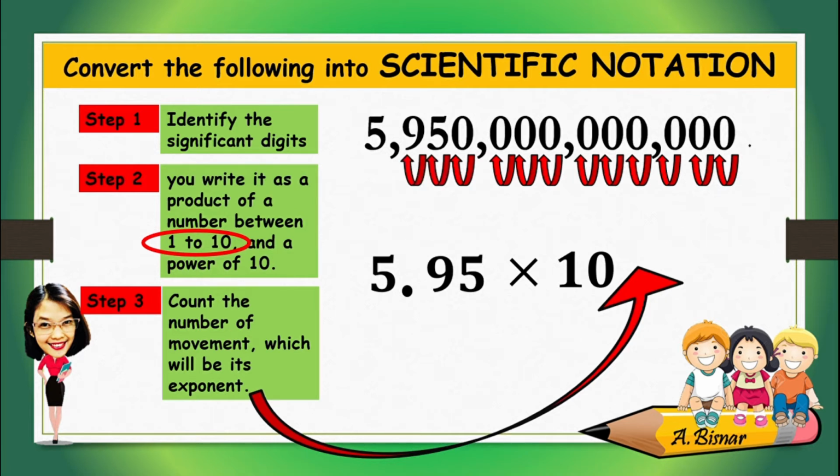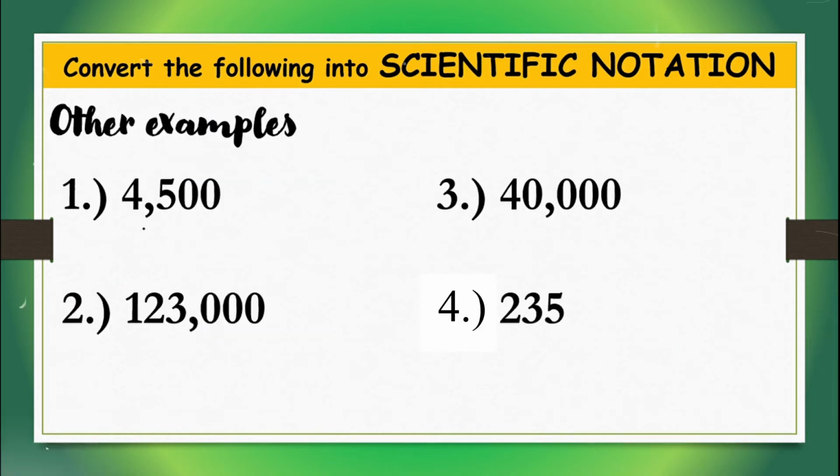Therefore, the exponent will be 12. So let us have other examples. For number 1, 4,500. This number is not too large, but we can still write this in scientific notation.